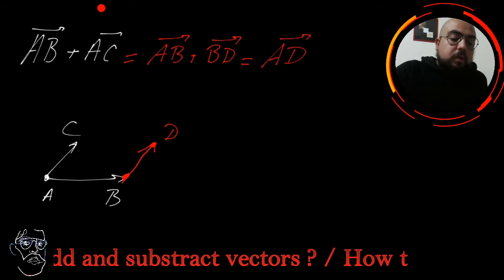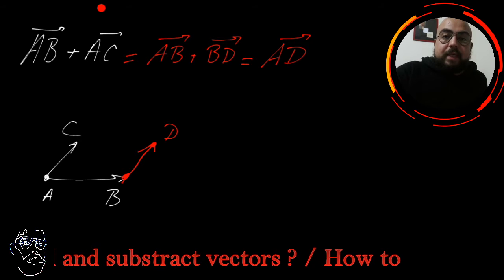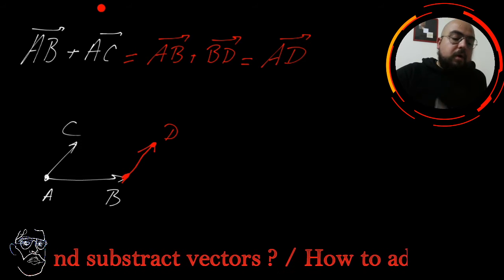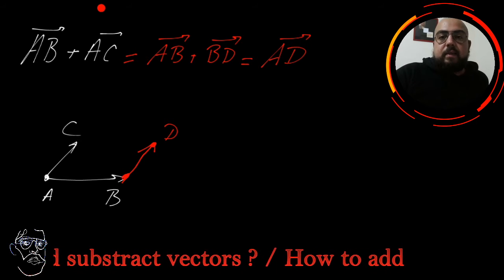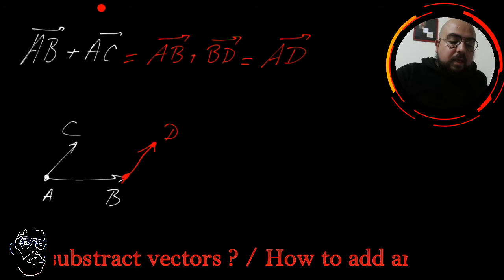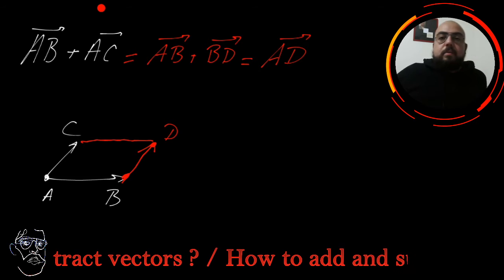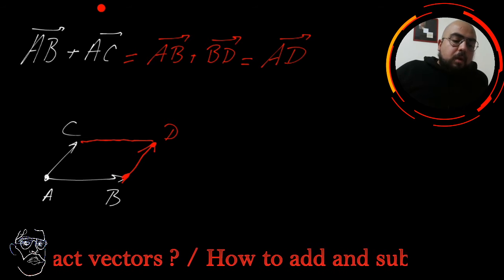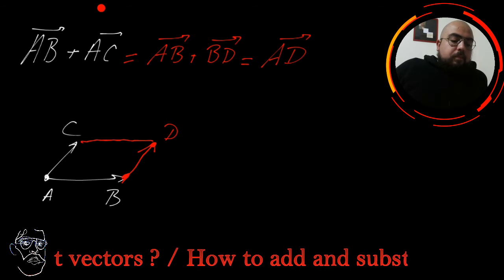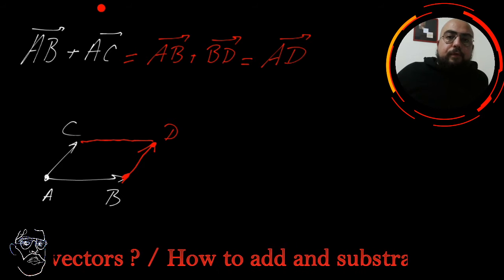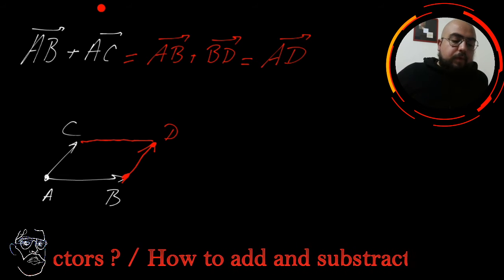Again, what does D represent? D represents the fourth vertex of the parallelogram ACDB. So in this case, again, we have a parallelogram ACDB. What is the general form of an addition of two vectors?